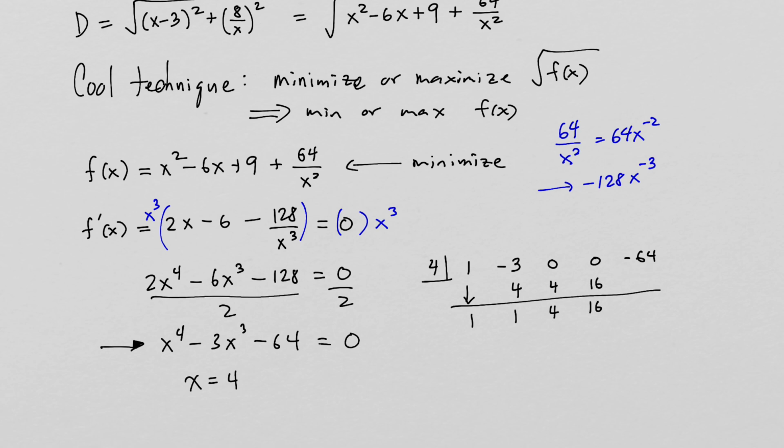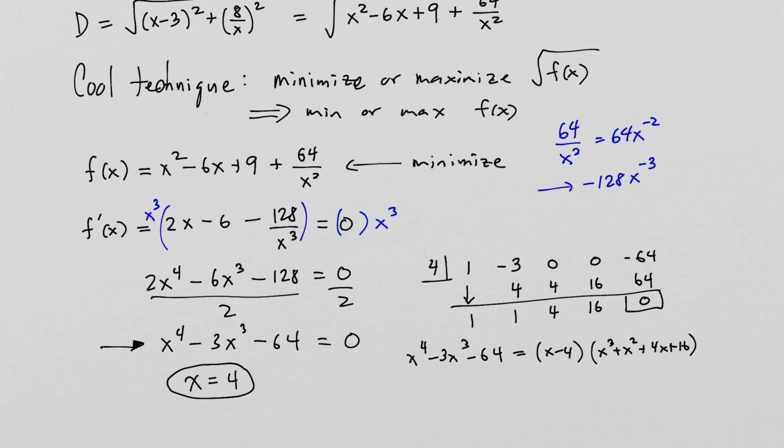Adding, we get 16. And 4 times 16 is 64. And this gives us a remainder of 0. Okay? So what that means is that x to the fourth minus 3x cubed minus 64 can be factored into x minus 4 times x cubed plus x squared plus 4x plus 16. Okay? So, bottom line is x equals 4 is the solution.